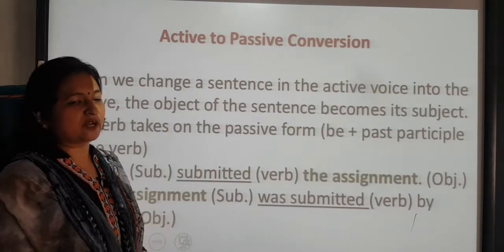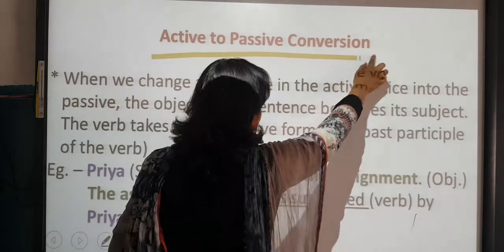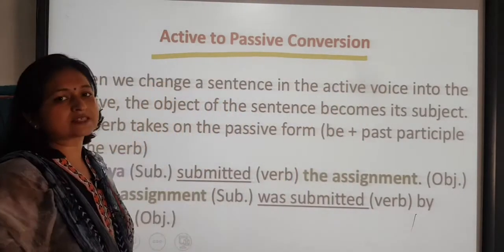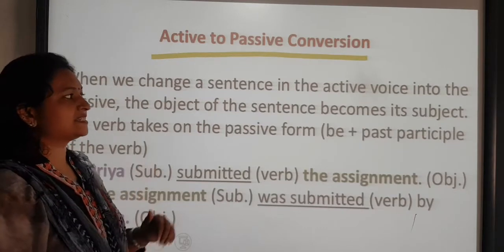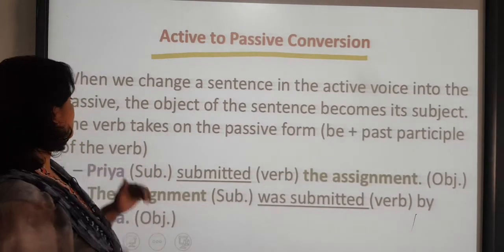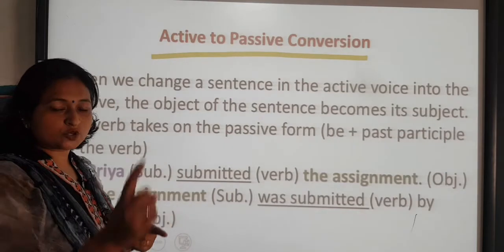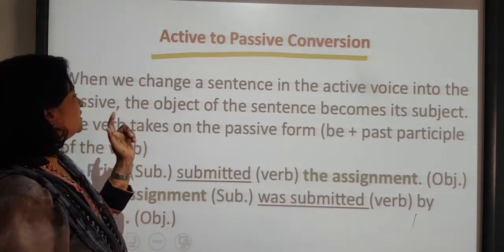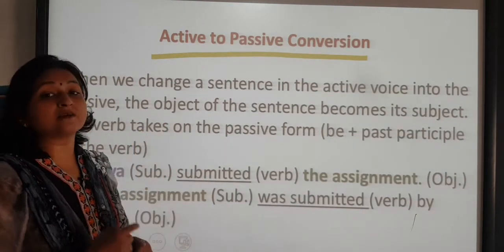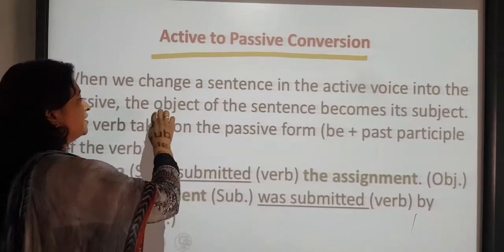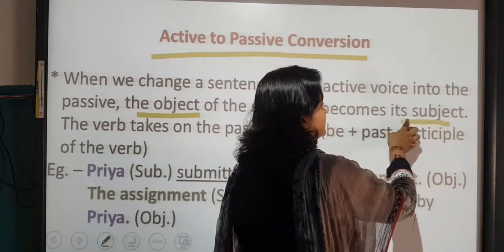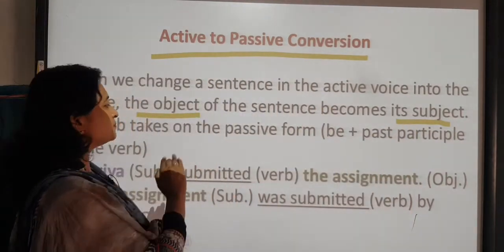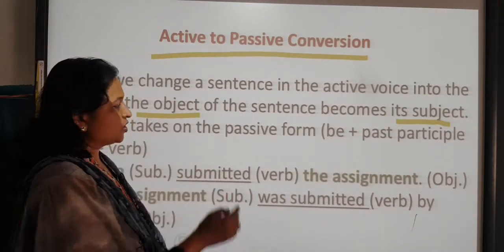Active to passive conversion we discussed just now. The same rules we will just revise. When we change a sentence in the active voice into the passive, the object of the sentence becomes its subject. Okay, the object which is in our predicate becomes its subject. The verb takes on the passive form. And what is that passive form?